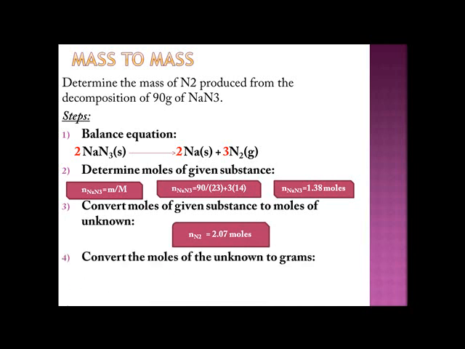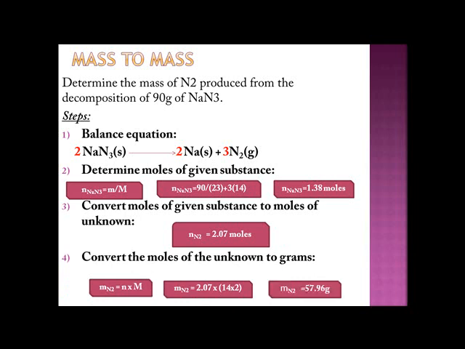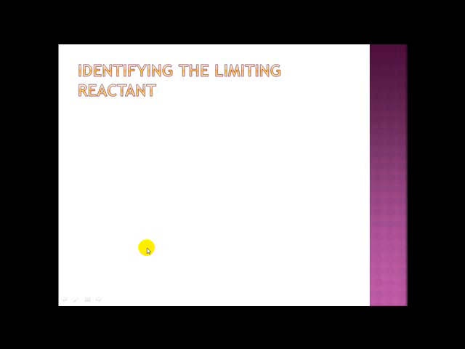The fourth step is to convert the moles of the unknown to grams. We do this by multiplying the moles of the unknown substance by its molar mass, which is 14 times 2. The answer will be 57.96 grams of N2.